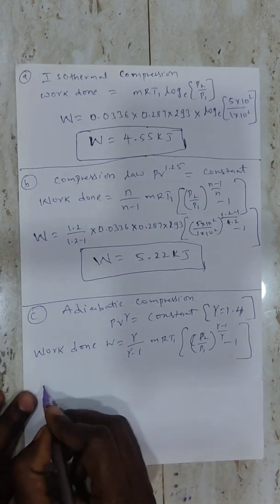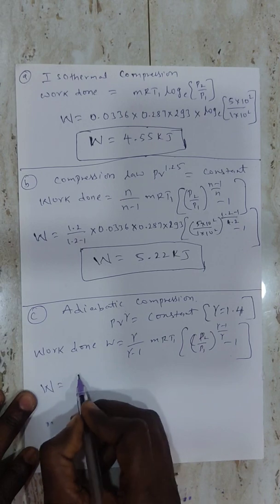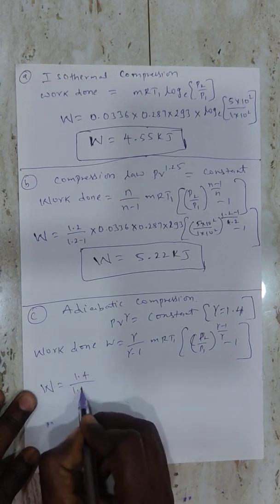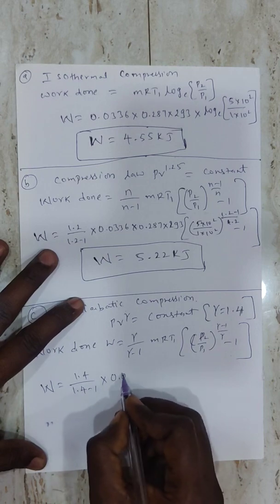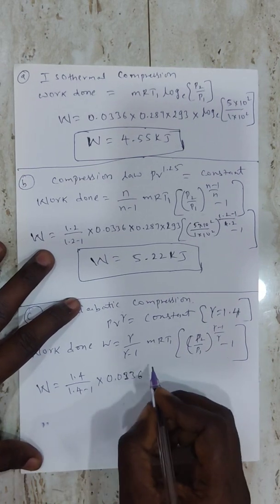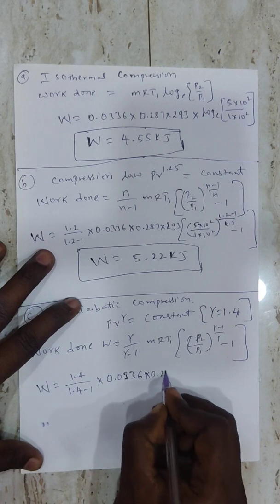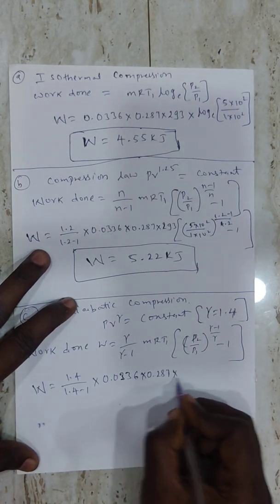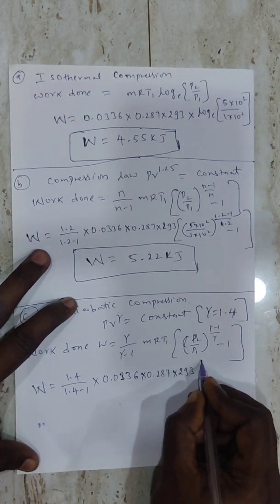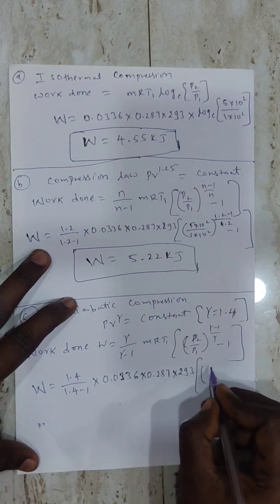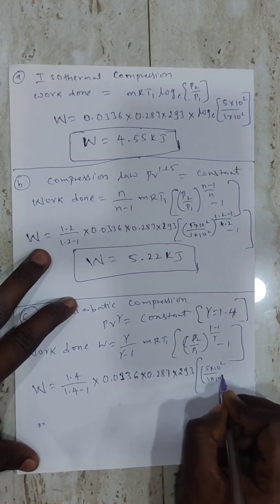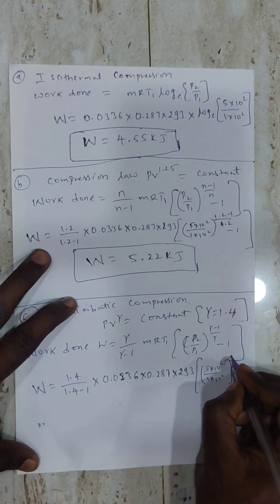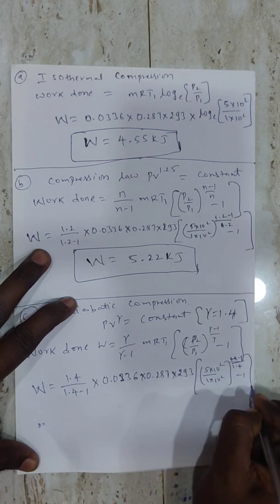Okay, let's substitute the given values. W is equal to 1.4 by 1.4 minus 1 into 0.0336 into 0.287 into 293, that is 5 into 10 square by 1 into 10 square, to the power of (1.4 minus 1) by 1.4, minus 1.